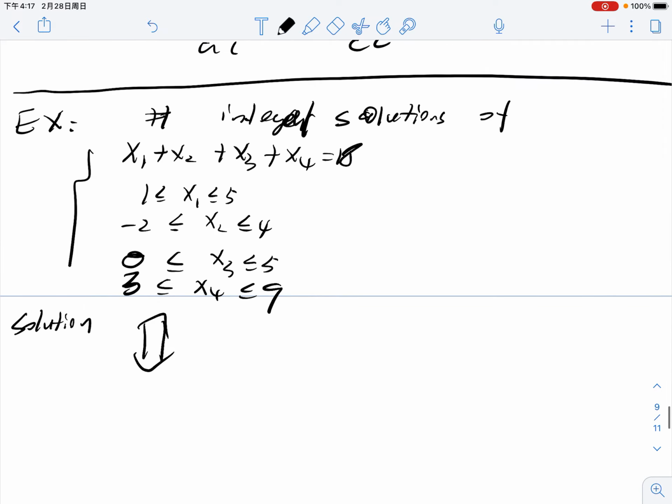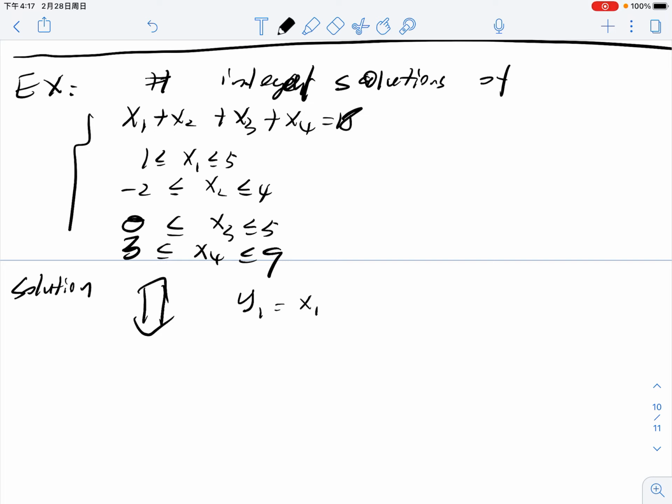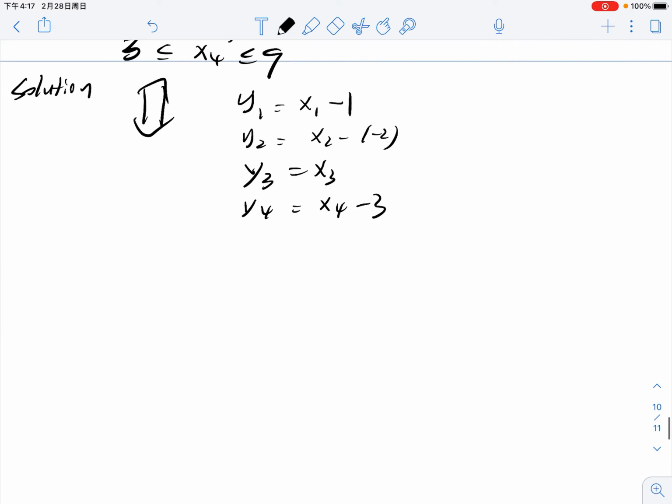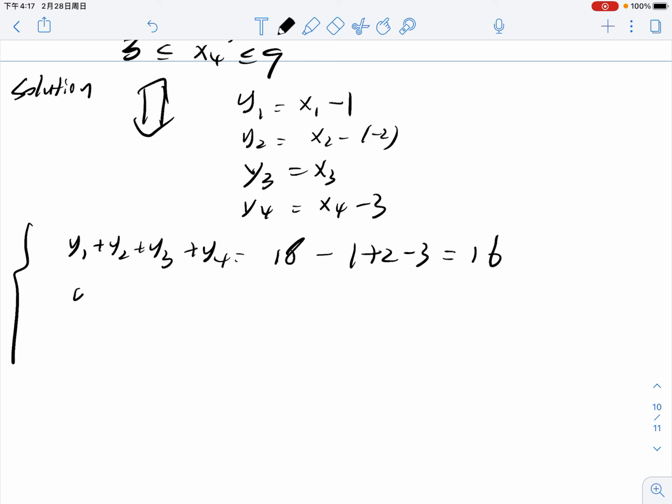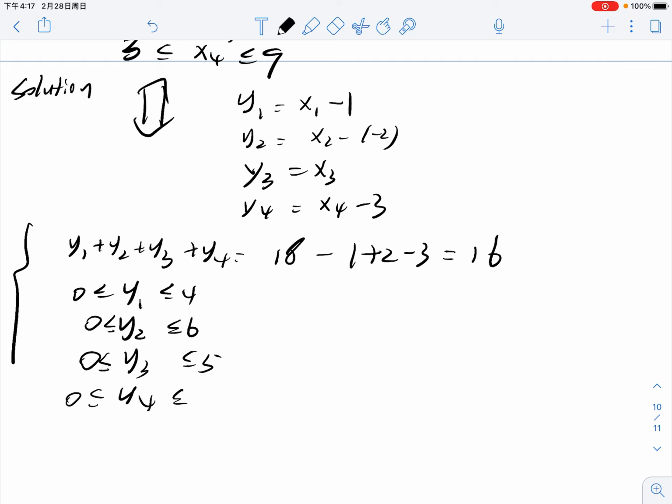That is, we set y1 to be x1 minus 1, y2 to be x2 minus -2, y3 equals x3, y4 equals x4 minus 3. Then you have the summation is -1 plus 2 minus 3 is 16. And the y1 less than 4, y2 less than 6, y3 less than 5, y4 less than 6.